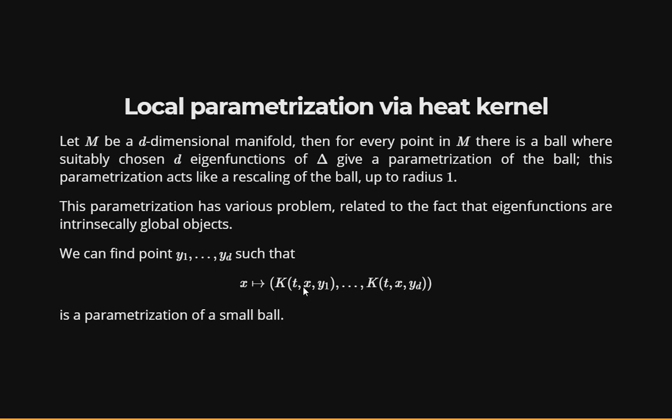At least it's one step before, because to compute the eigenfunctions, you have to already have the kernel, and this is a very local thing. You could even just use the kernel of the ball you're on. So you take a small ball, you restrict the metric to the small ball, you compute the heat kernel on that ball using the Dirichlet problem for the Laplacian, and using that you obtain an embedding.